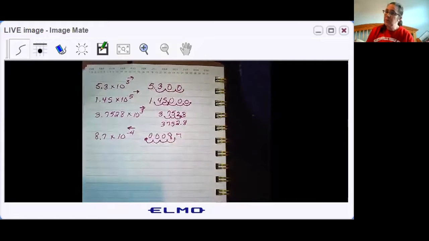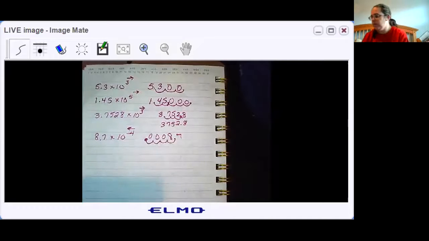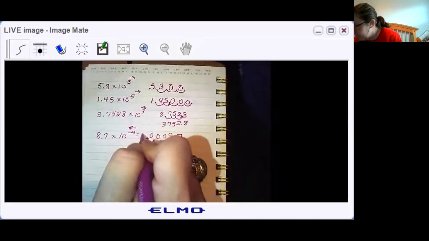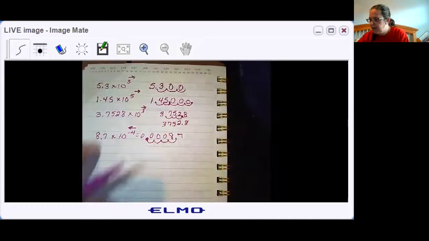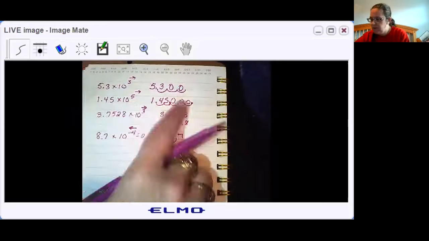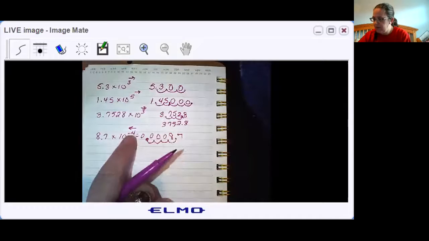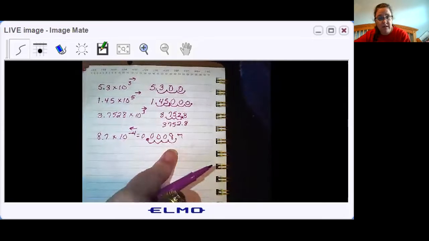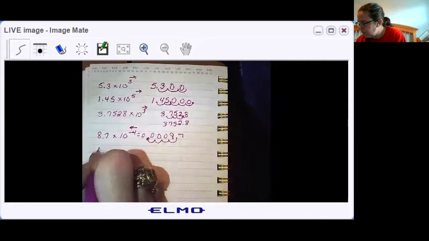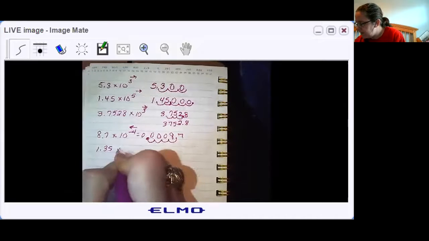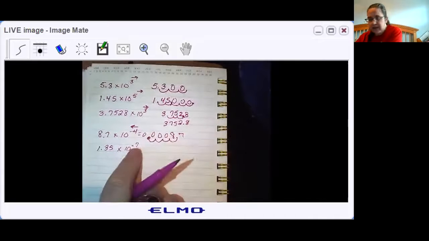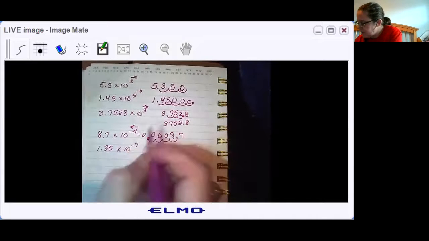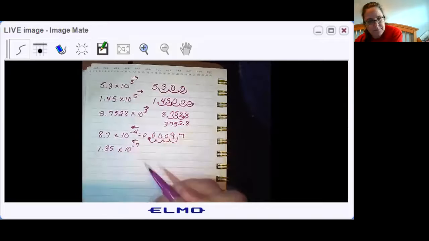Now, some people like to put a 0 in front of the decimal, some people don't. That's where a lot of people get confused sometimes, is when we've got to figure out what goes around that decimal. But if you remember, positive exponent, big number, negative exponent, little number, that's going to help. So if I say 1.35 times 10 to the negative 7, okay? This negative 7 right here is my power of 10, tells me I've got to move my decimal to the left.